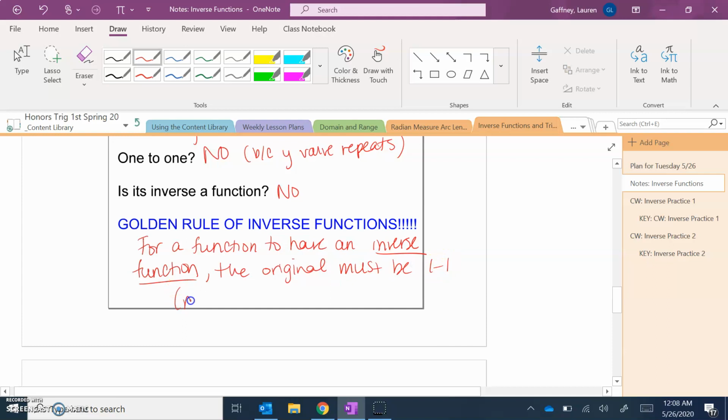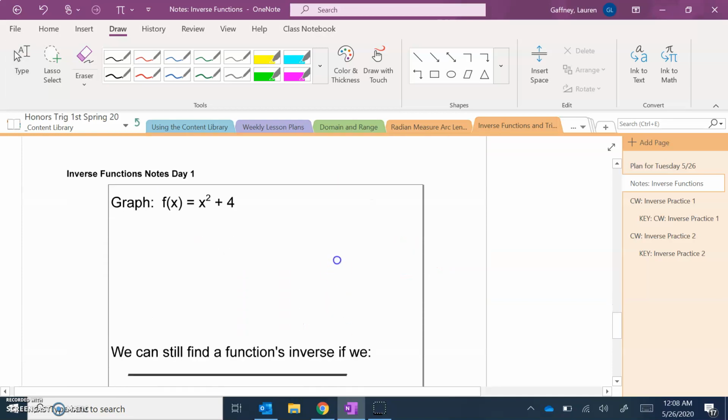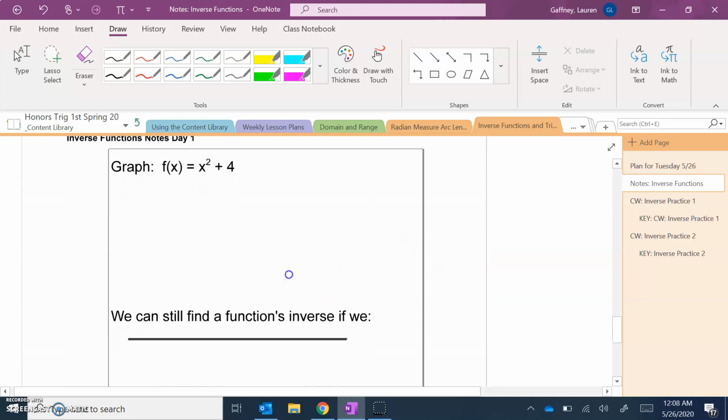So to be one-to-one, no x or y values repeat. Also, another thing to think about is basically it passes the vertical line test and the horizontal line test. The original does.